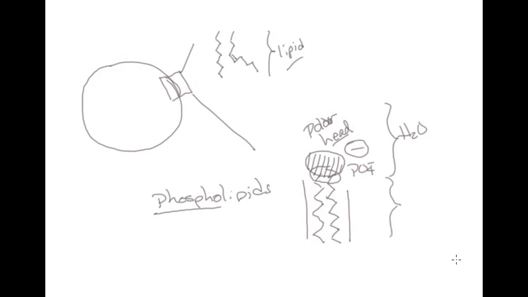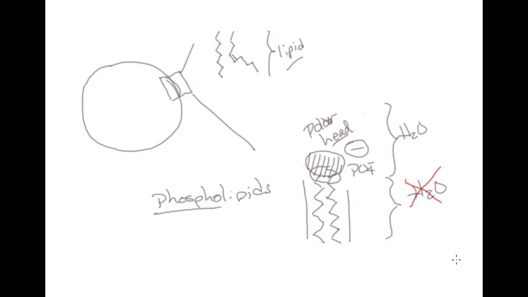But this part here, that is the lipid part, we've learned that lipids are hydrophobic. So when water comes to interact with this part of the molecule here, of course, it will not interact. So you can imagine that water will interact with part of the molecule, but not with the other part.